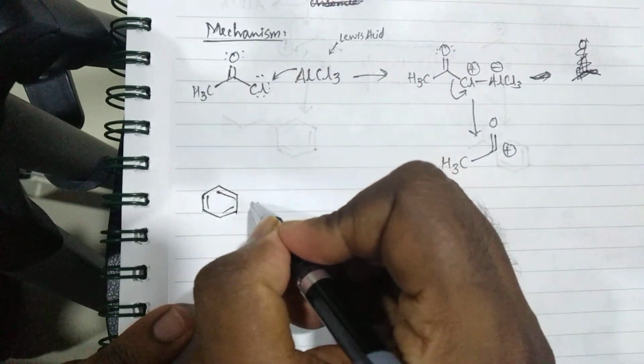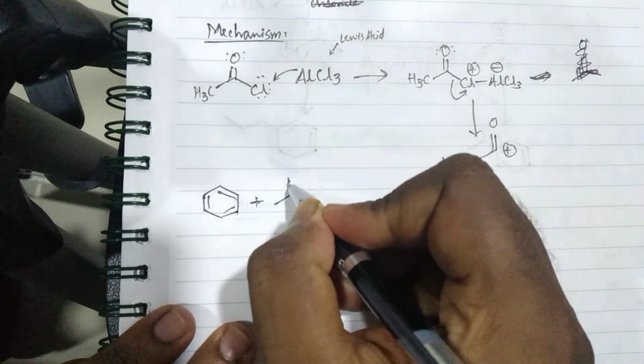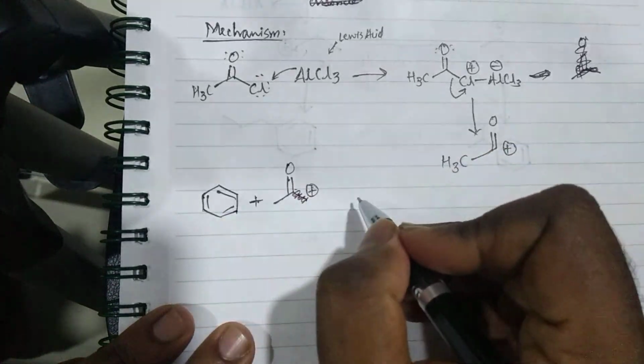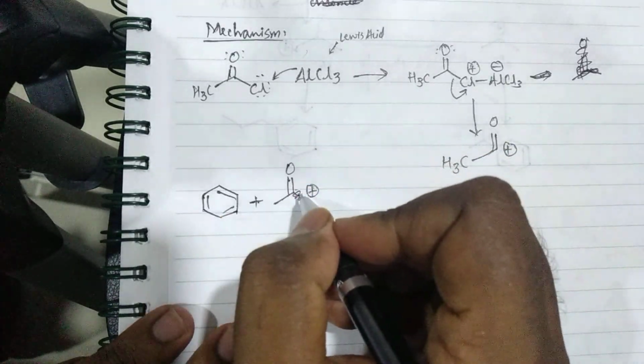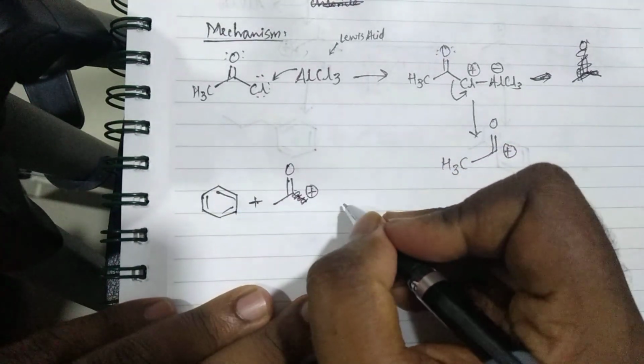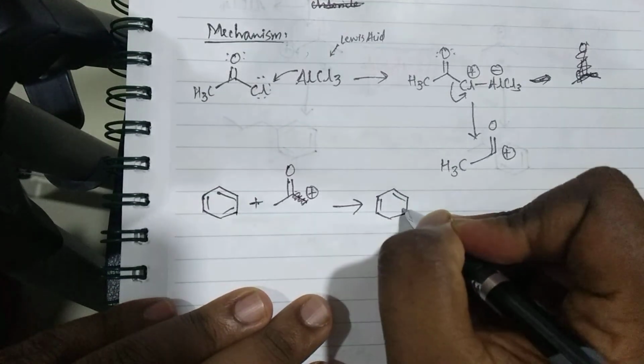So this acyl group will substitute the hydrogen on this benzene ring, and you will get acetophenone. But there is a slight problem here.